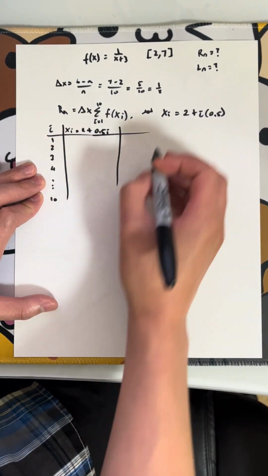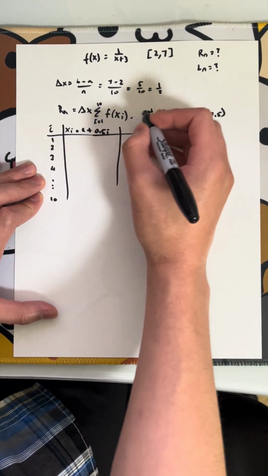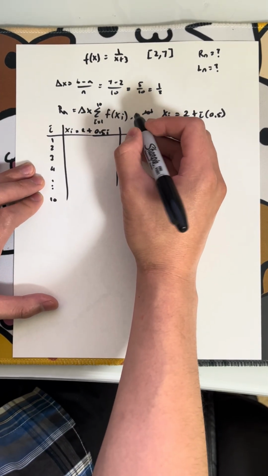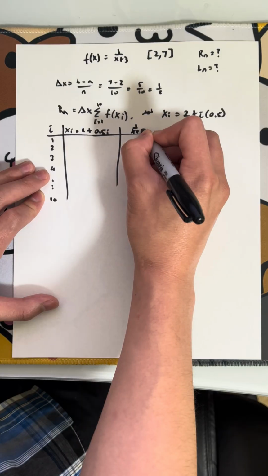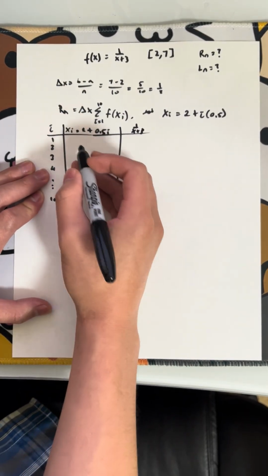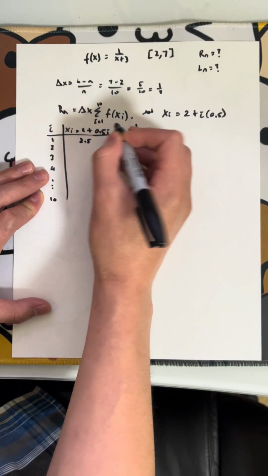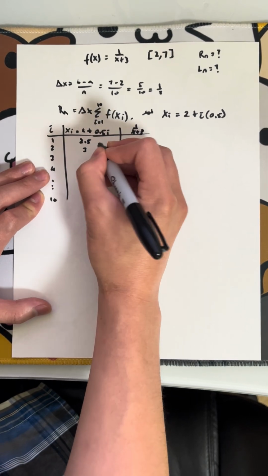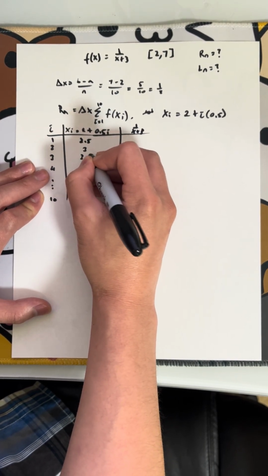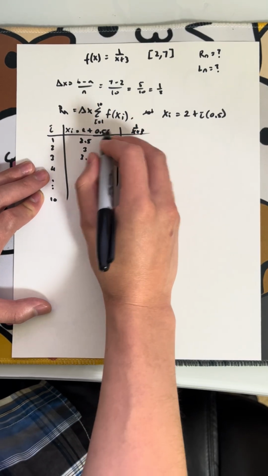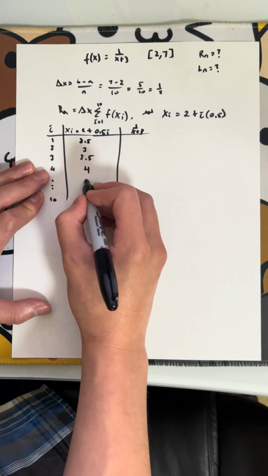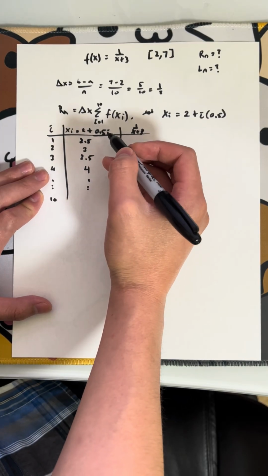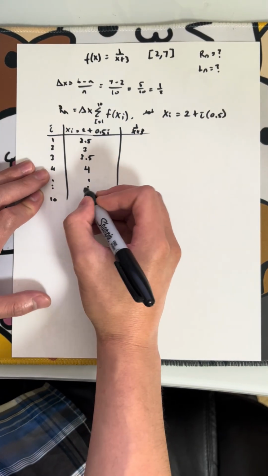Let's put 2.5, because 1 times 0.5 plus 2 is 2.5, and so on, 3.5, 4, because 4 times 0.5 is 2, plus 2 is 4, and let's go all the way down to 10, which is 10 times 0.5, which is 5, plus 2 is 7.